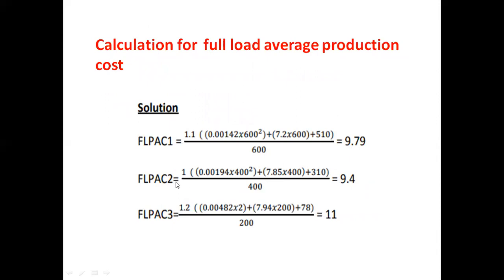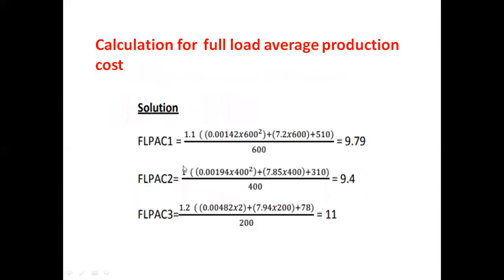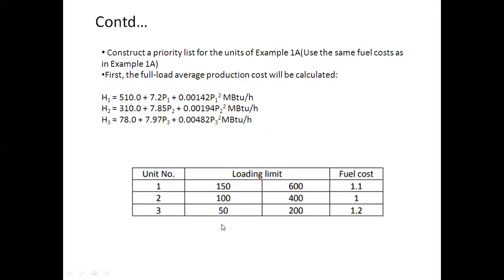Same for unit 2, where we can write P2 equal to 400, multiplied by 1 divided by 400. So it is 1 into 0.00914 into 400 square plus 7.85 into 400 plus 3110, divided by 400. So you will get 9.4, the average full load production cost of unit 2. Now for unit 3, P3 is replaced by 200 and P3 square by 200 square.